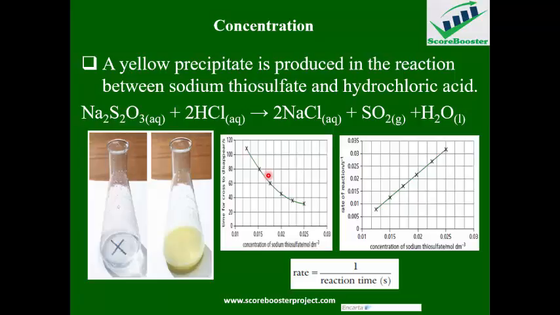How can we explain this in terms of collision theory? Higher concentration means more molecules to get into contact with one another. So when you have more molecules, then you have a higher probability that the collision will be effective, that the collision will lead to formation of a product, than when you have fewer molecules.